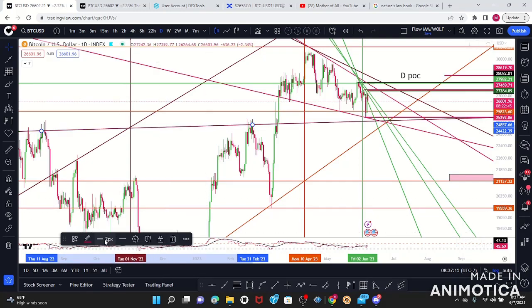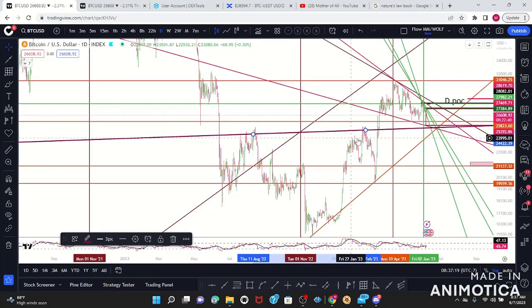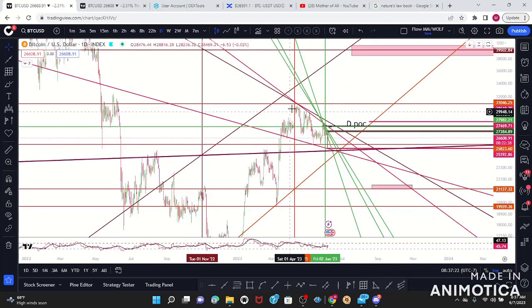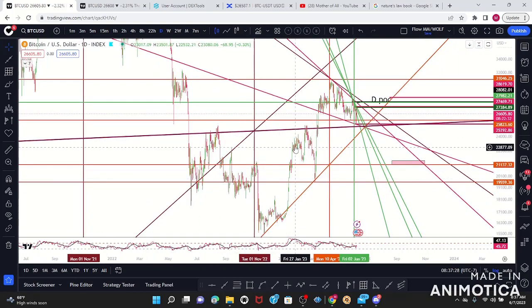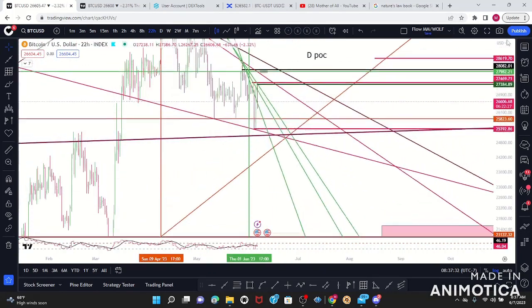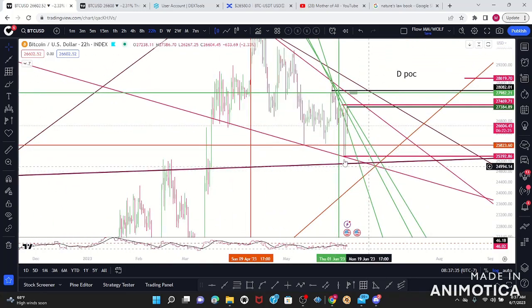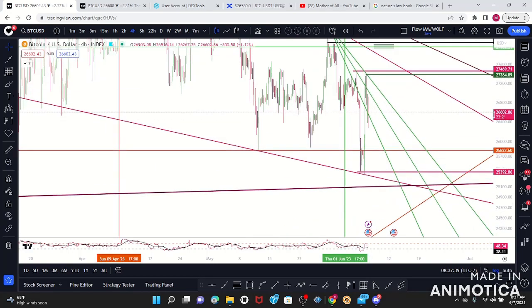So I'm going to mark it, so this acted like resistance, right? We broke through, and now it's going to act like support for price action, because this was the neckline, right, of this pattern. So major support here in my eyes. Okay, let's go to the 4 hours.